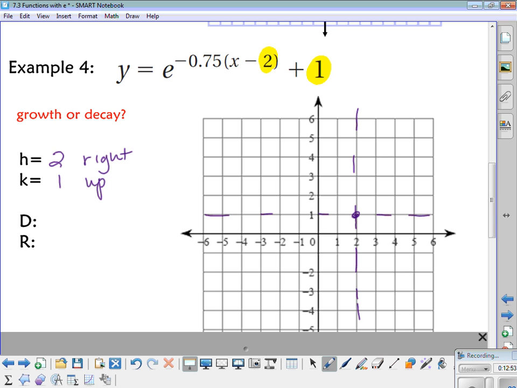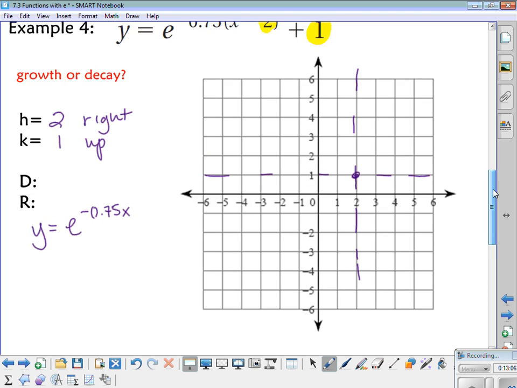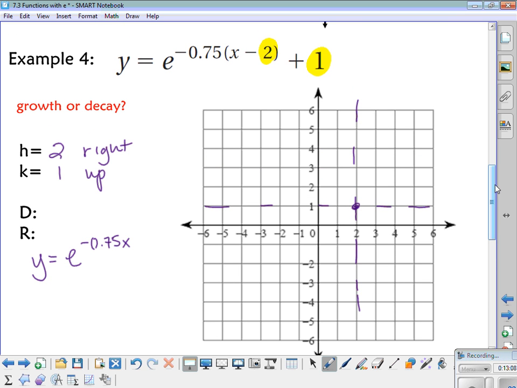Then you still graph it using the parent graph of y equals e to the negative 0.75x, and you figure out a table using those. What we end up with on our table when we plug in -1, 0, 1, and 2: at -1 I get 2.1.